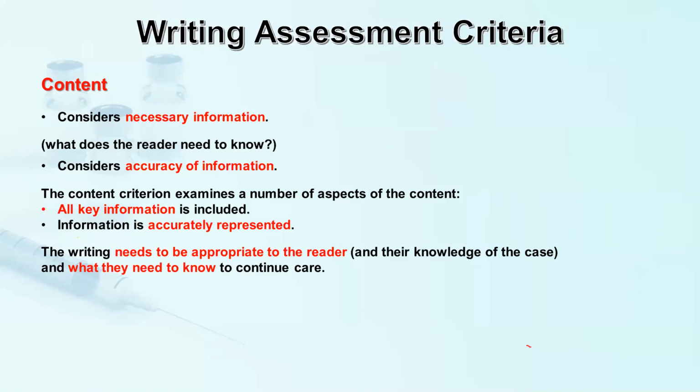So simply here you have to include all the relevant case notes of your case, and you have to express that very accurately, and your presentation of the letter should be very clear.